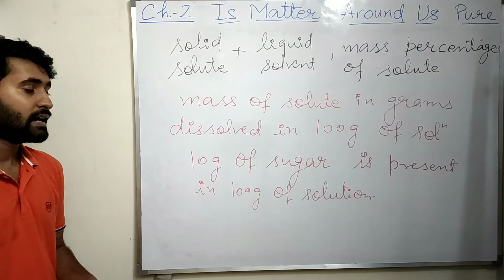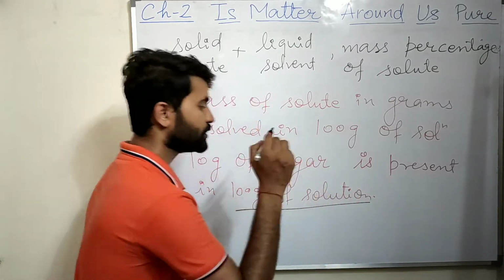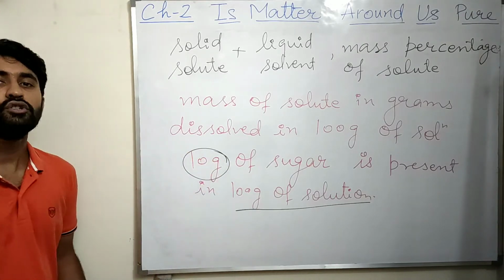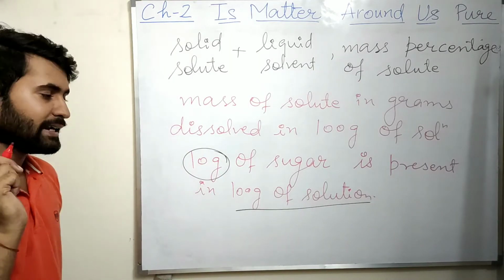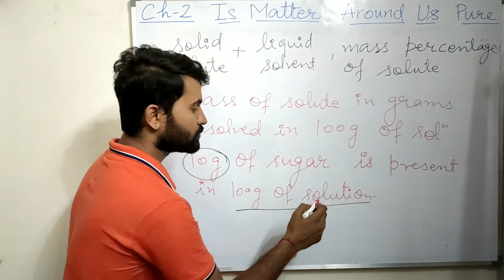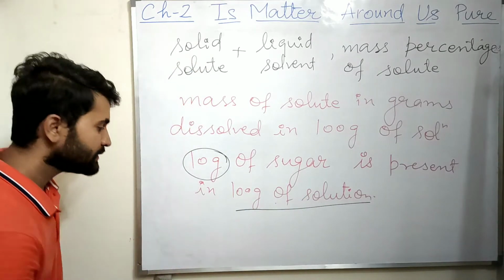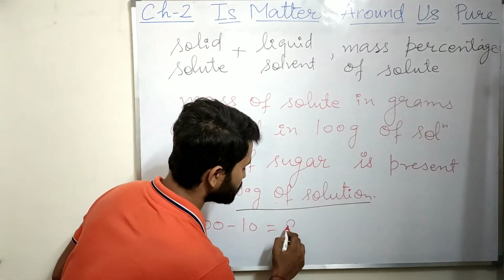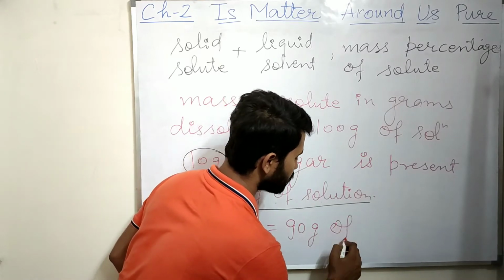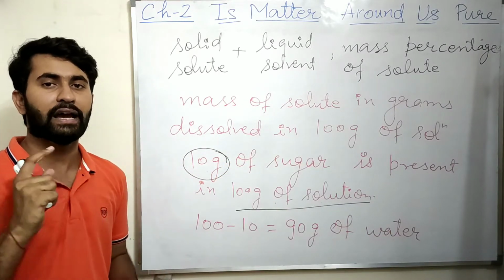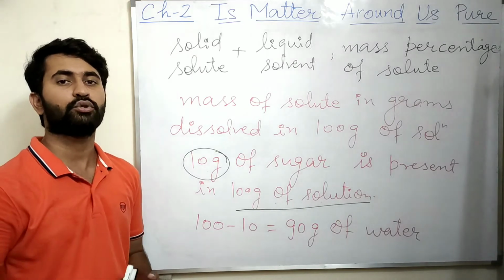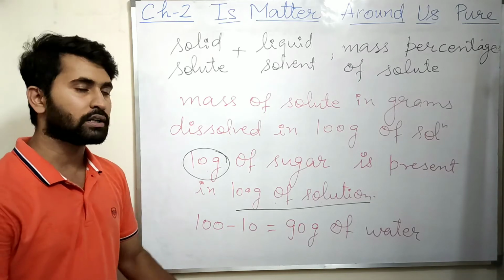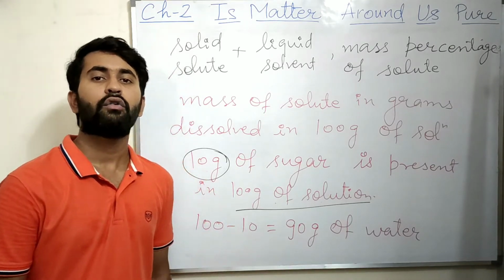And this 100 gram of solution also includes the 10 grams of sugar, which means that 100 gram of solution contains 100 minus 10 is equals to 90 grams of water. So if we have to prepare 10% sugar solution, then we will dissolve 10 grams of sugar in 90 grams of water.